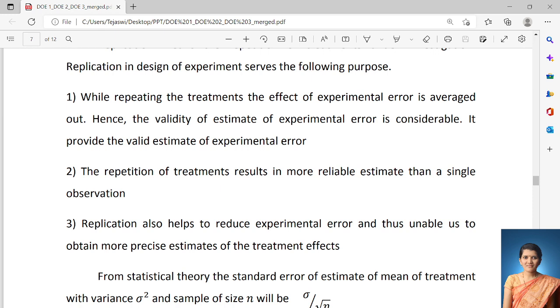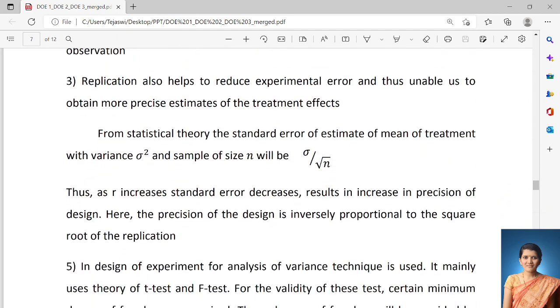Replication also helps to reduce experimental error, and thus enables us to obtain more precise estimates of the treatment effects. From statistical theory, the standard error of the estimate of the mean of a treatment with variance sigma square and sample size n is sigma by square root of n. This is the formula of standard error.